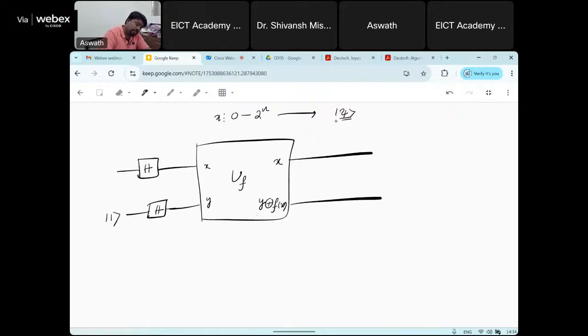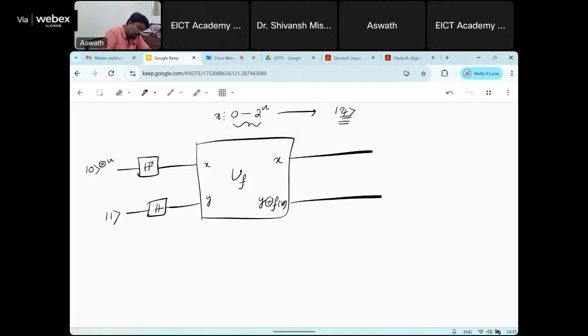And initially this set of values has to be fed to the system. So what you can do is start with n zeros and take n Hadamards. We have seen that earlier.